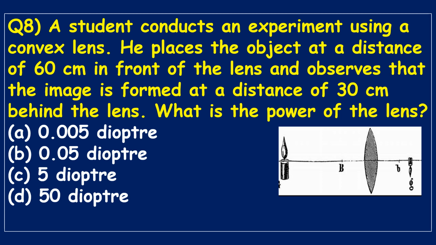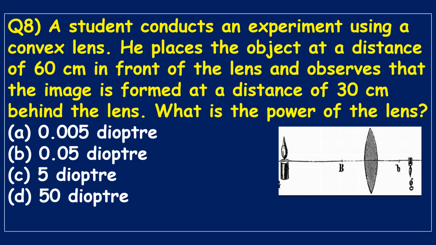To calculate power, we generally measure focal length in meters, so we have to convert centimeters into meters. That means 20 centimeters is 0.2 meters.